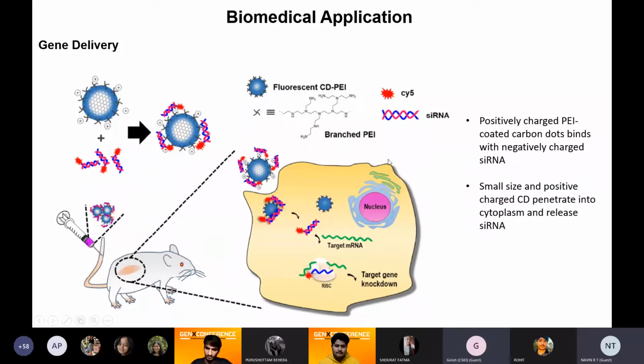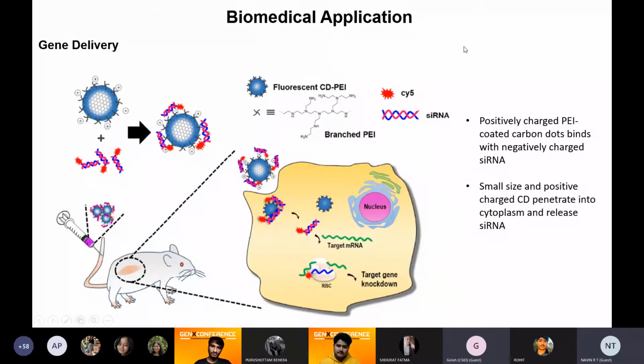So with the release of this siRNA, it could now be targeted to a particular mRNA and knock down any specific gene. They carried out this study using the GFP, green fluorescent protein, gene, and they could clearly show that when the carbon dot is combined with siRNA, it knocks down that particular gene.